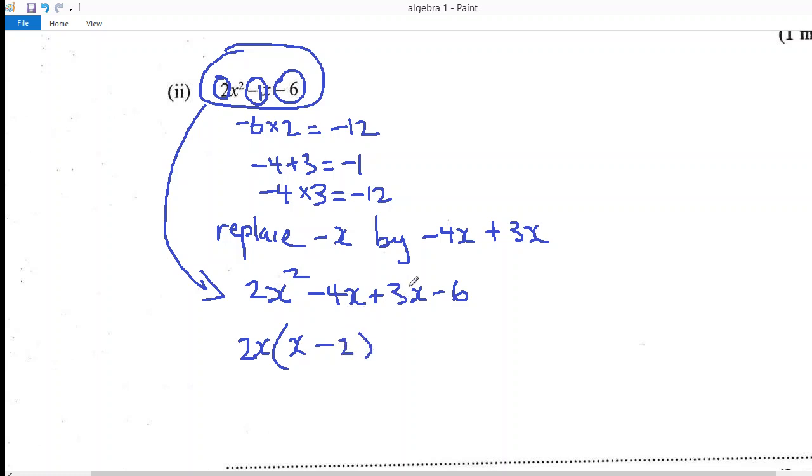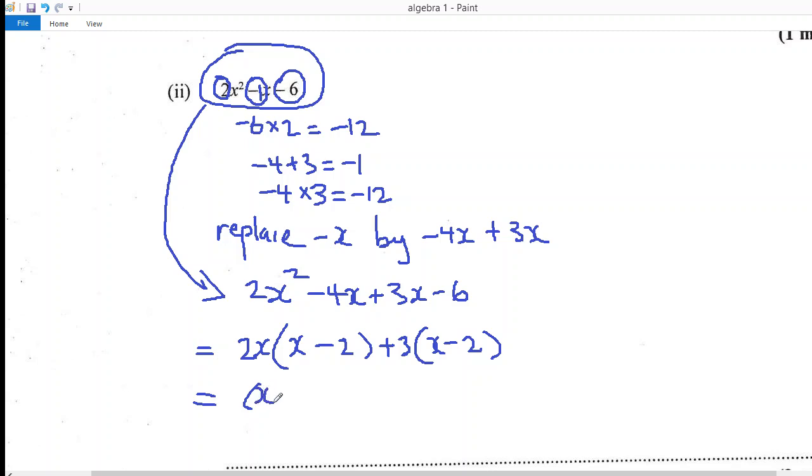We now look at the other two terms and we see that 3 is the highest common factor of both terms, so we take the 3 out. So 3 times x would give 3x, and 3 times 2 would give 6. Now we have the same bracket in both cases, so we can go one step further.